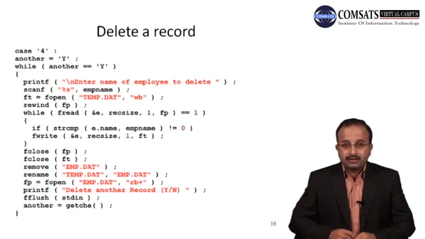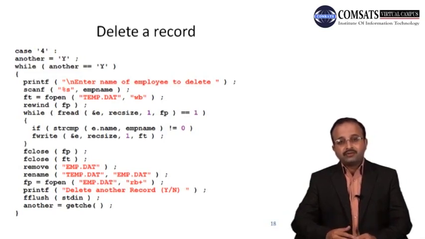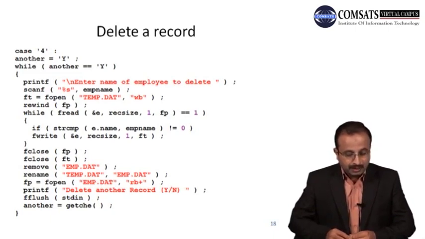Now the temporary file contains all the records present in the original file, that is emp.dat, except the record whose name is the same as input by the user. Then you close both files, you delete the original file, and you rename the temporary file as the original file, and then you open that file in rb+ mode.